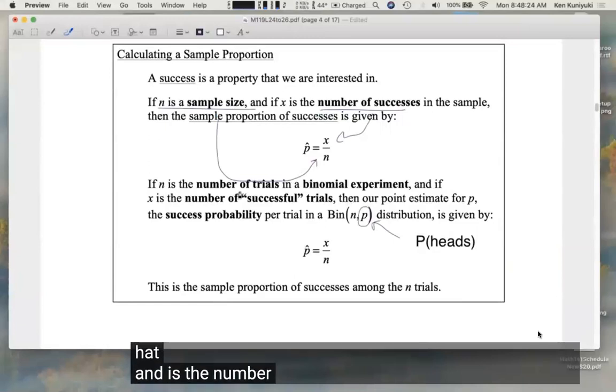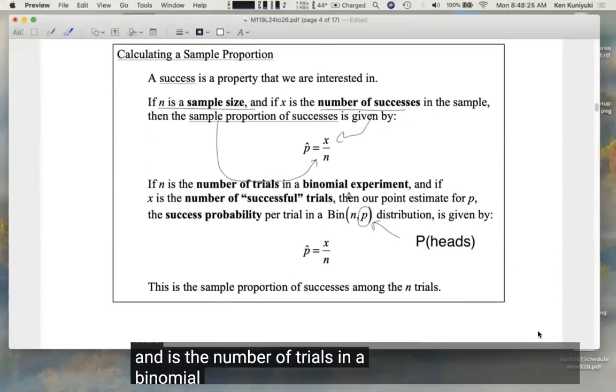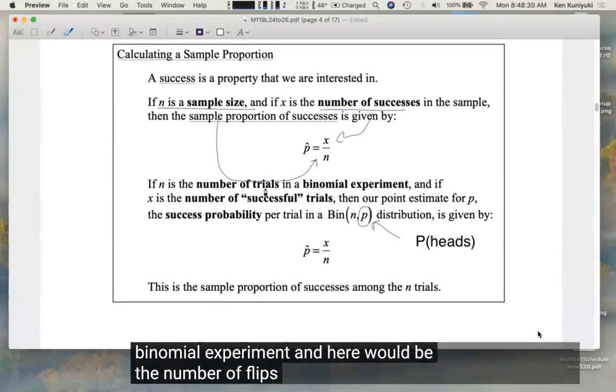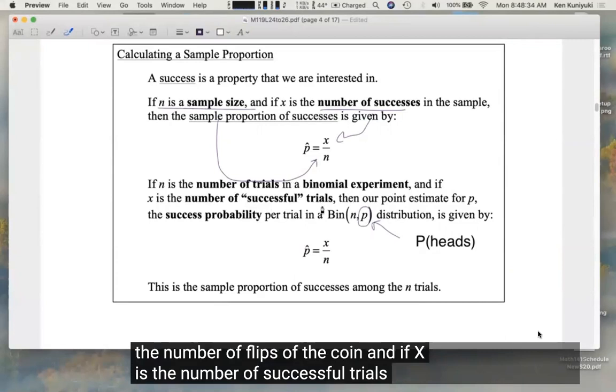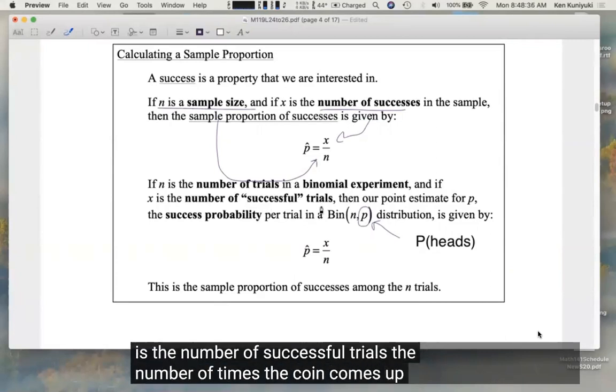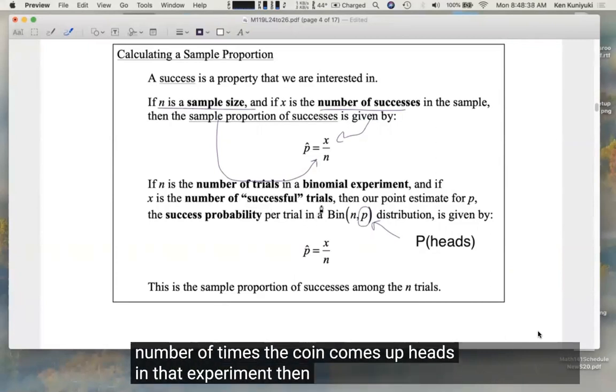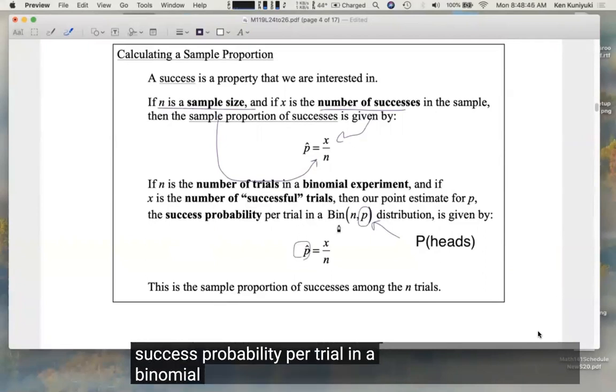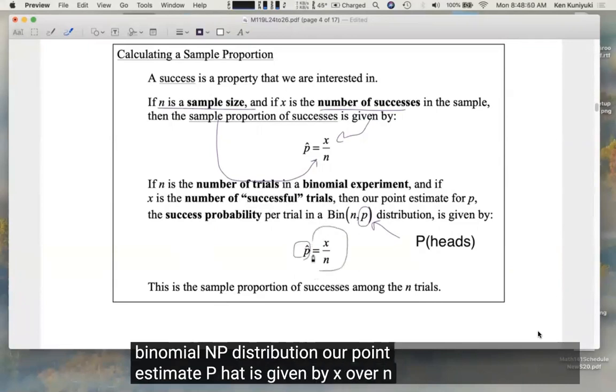If n is the number of trials in a binomial experiment, n here would be the number of flips of the coin. And if x is the number of successful trials, the number of times the coin comes up heads in that experiment, then our point estimate for p, the success probability per trial in a binomial n, p distribution, is p hat, given by x over n.